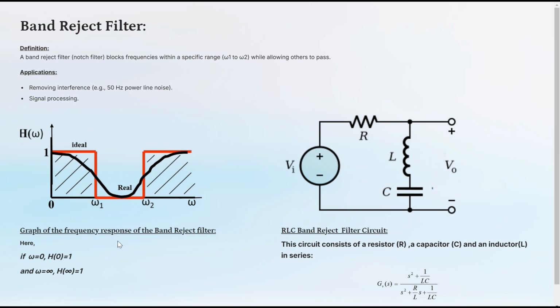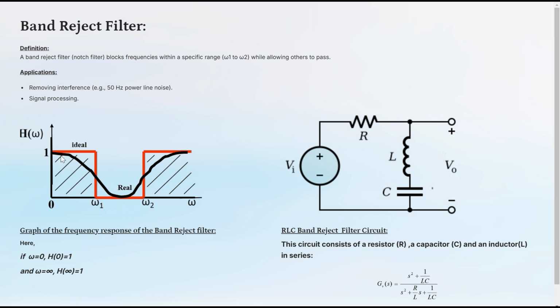And here is the frequency response graph of the band reject filter, where at omega equal to 0, H comes 1, that means maximum gain at DC. And when omega is equal to infinity, H comes to 1, that means maximum gain at high frequency. And the frequency of minimum gain is 1 by 2 pi root LC.